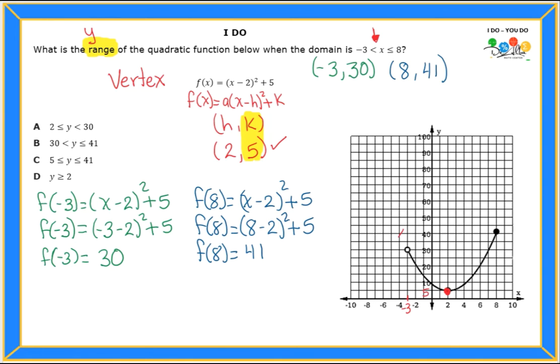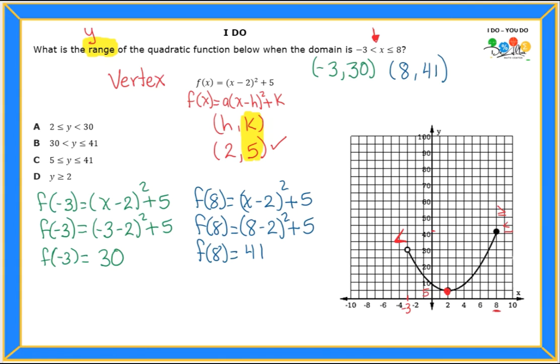So therefore, we use this symbol for that one, okay? On the other side, since it's shaded, we can use either one of these two because it has that shaded section, which is equals to, okay? Now, the other point is 8, which is right here, and 41, just above the 40. That's my other point, okay?